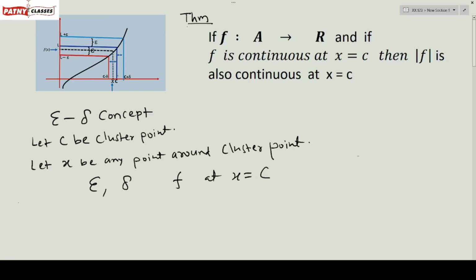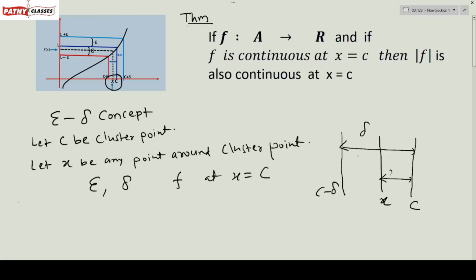Now we observe that the distance between x and c is smaller than delta. This is x and this is c, and here it is c minus delta. So this distance is delta. So of course the distance between x and c is smaller than delta.